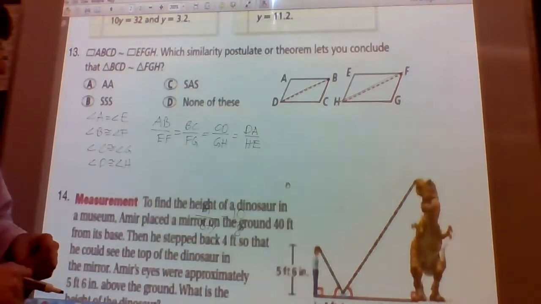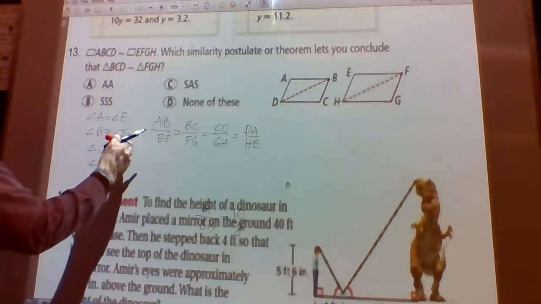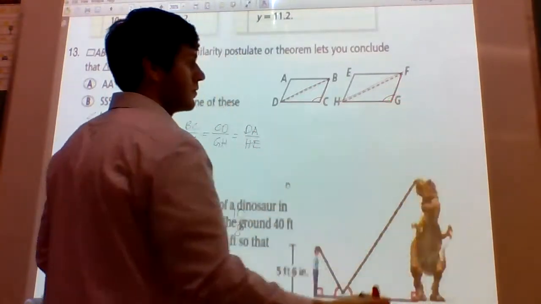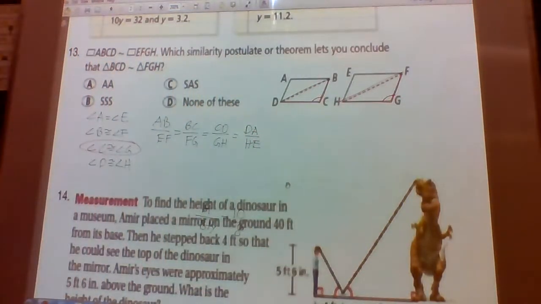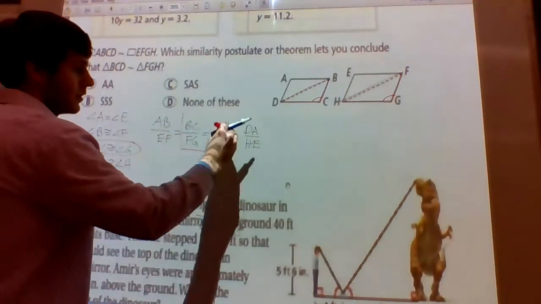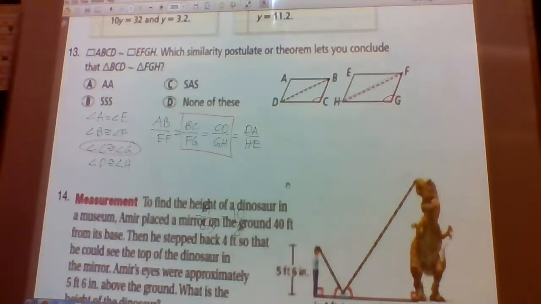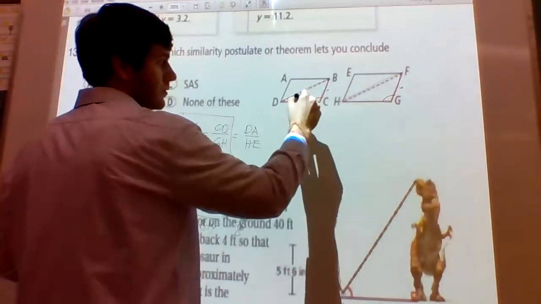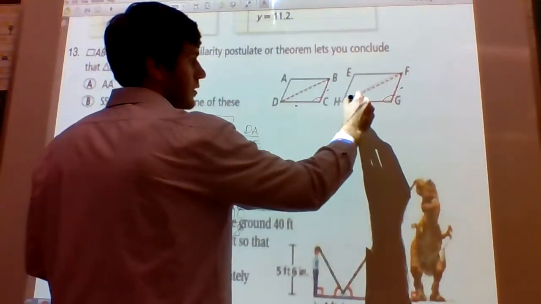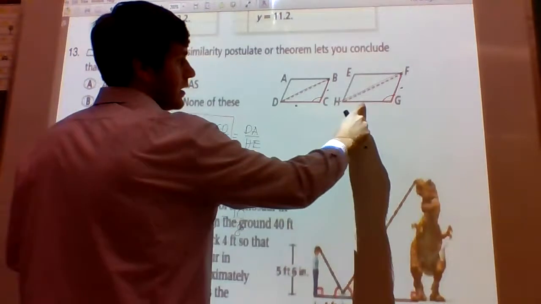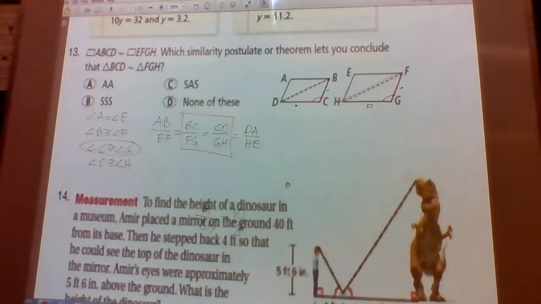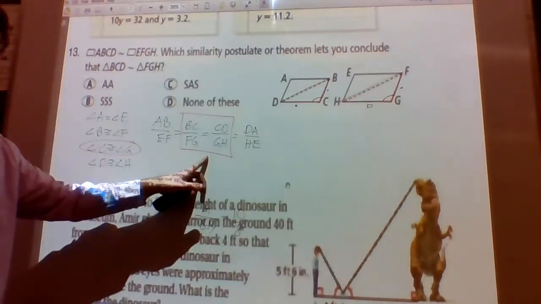We know that angle C is congruent to angle G. We know that BC and FG are corresponding sides of those triangles, and DC and HG are corresponding sides, and we know that those ratios are equal.